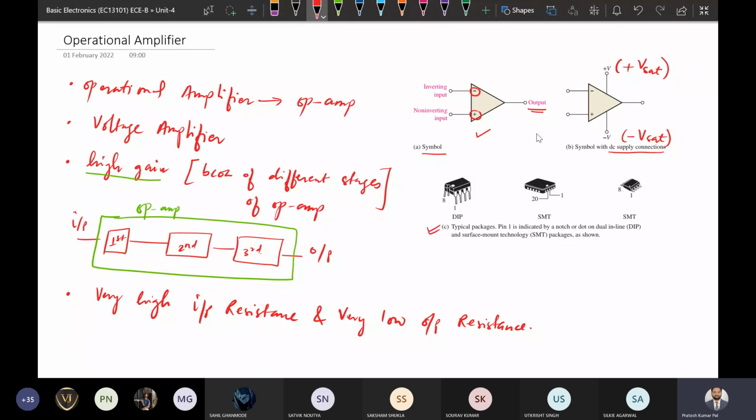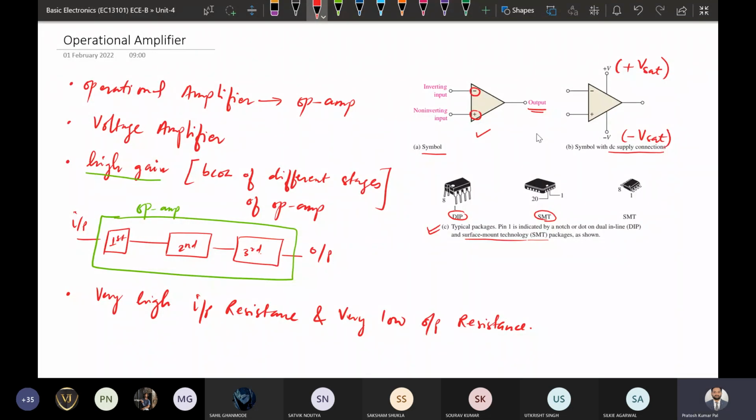One technology is dual inline package, DIP, and the next one is SMT, that is surface mount technology. These are two different techniques through which the different components of the operational amplifier are fabricated on a base.